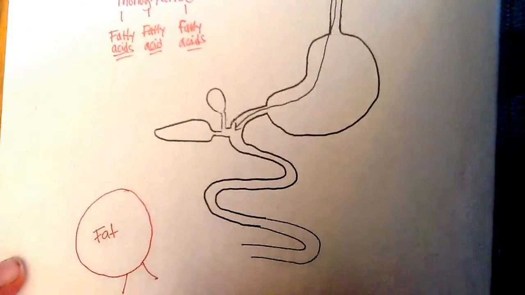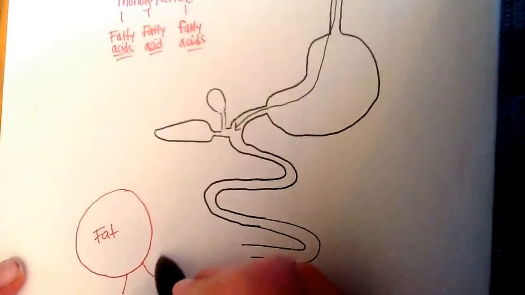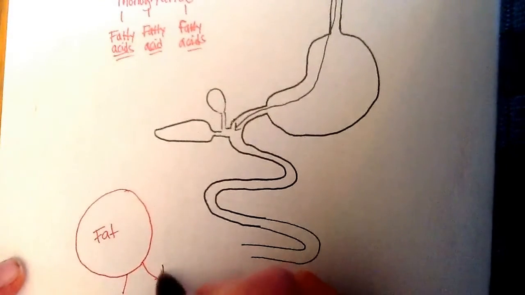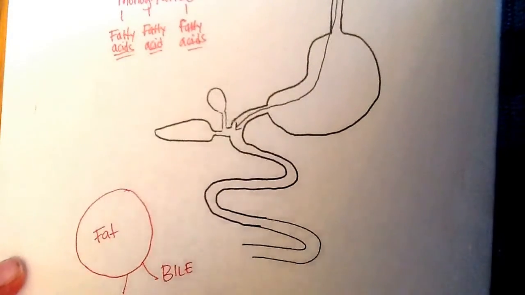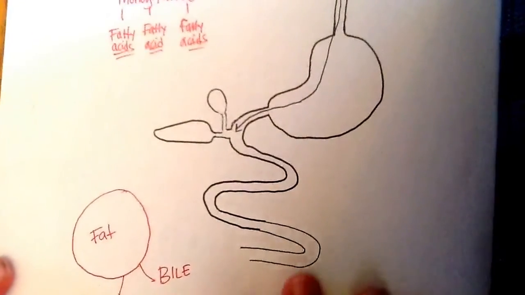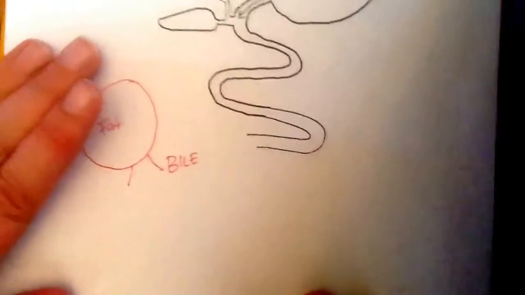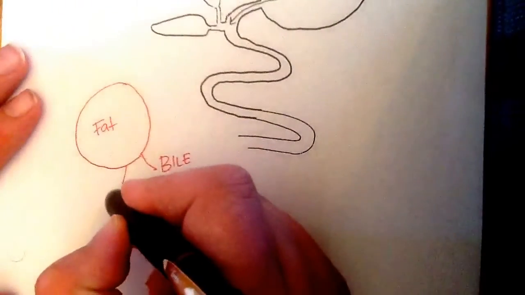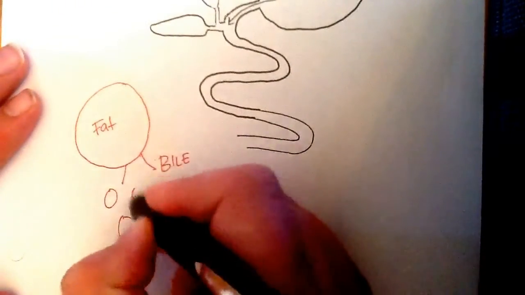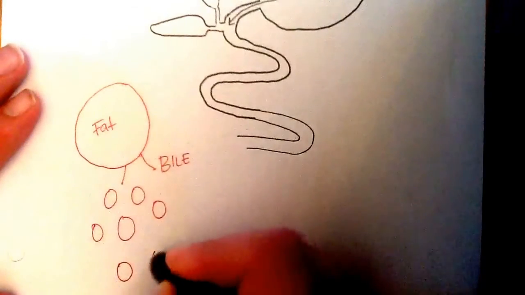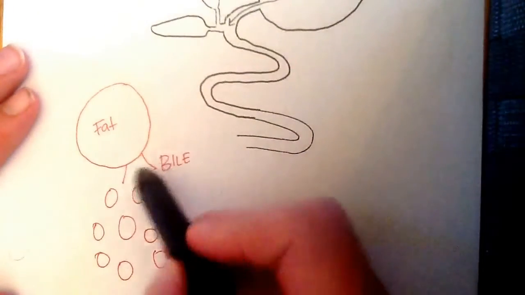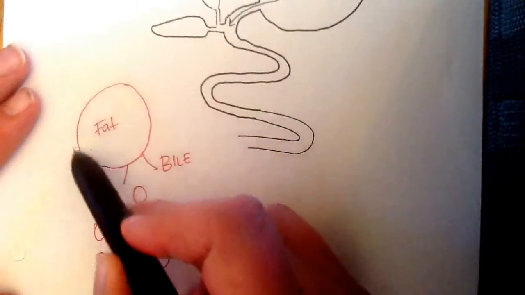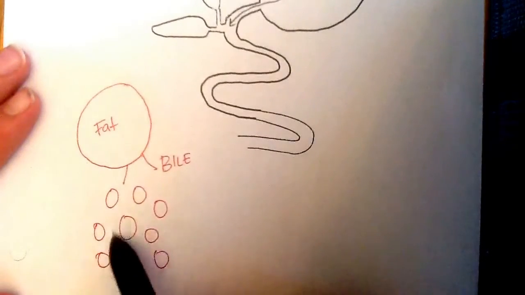And so when bile is present, okay, we're going to put bile here, and when bile is present, it doesn't chemically digest the fat, but it causes this fat droplet to break down into a whole bunch of smaller drops of fat, okay?